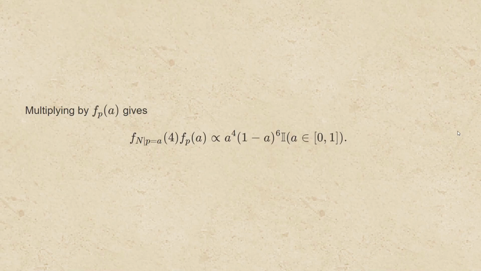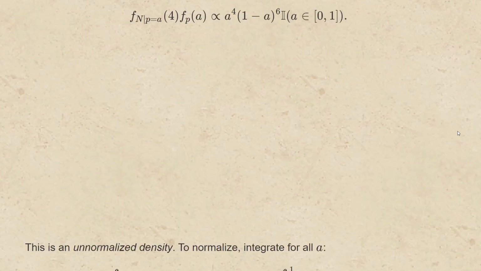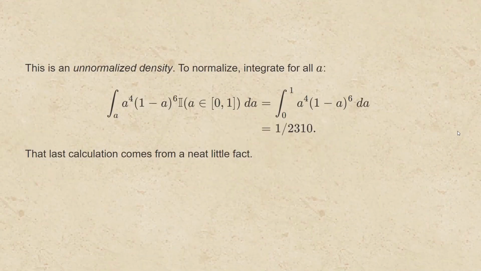Multiplying by the prior density of p at a tells us that the density of capital N given p equals a at 4 times the prior density of p at a is proportional to a to the 4th times 1 minus a to the 6th times the indicator that a falls between 0 and 1. This is an unnormalized density.